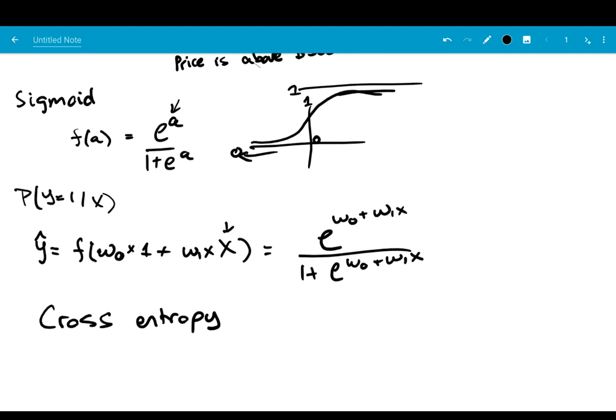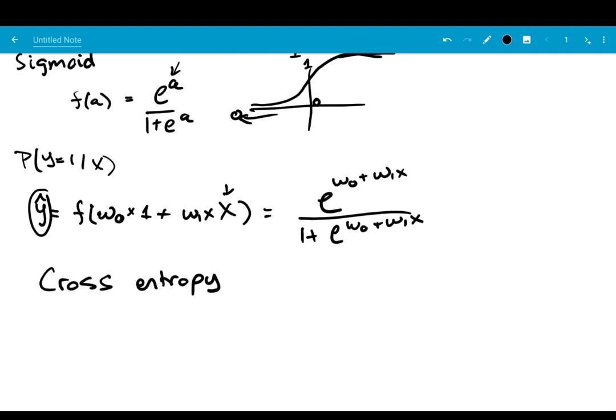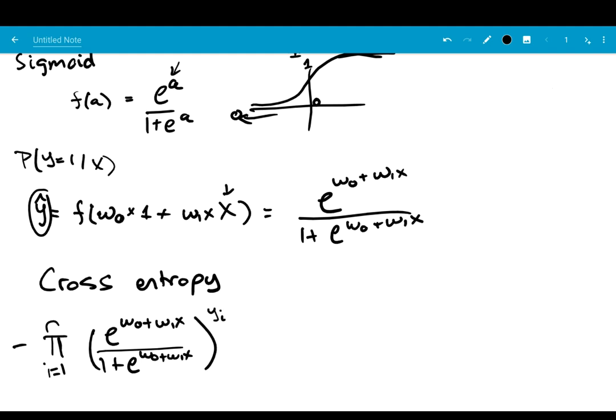So if y hat is the estimated probability of a 1, then what we're trying to maximize in this case, or we'll minimize the negative of this, is the Bernoulli likelihood function, which would take this as the probability, which is e to the w naught plus w1x over 1 plus e to the w naught plus w1x, raised to the yi power.